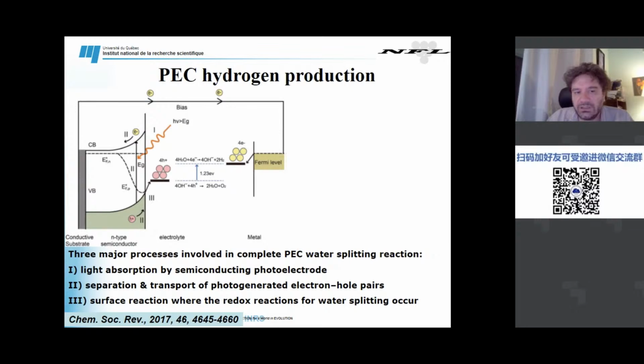So the main processes that are involved are light absorption by the semiconducting photoelectrode, separation and transport of photogenerated electron-hole pairs, and these electrons and holes, instead of being collected as electricity, reach the surface, and that's where the redox reactions for water splitting occur.